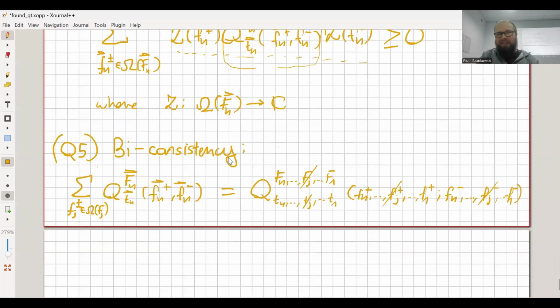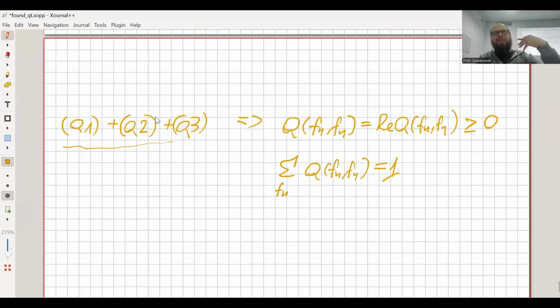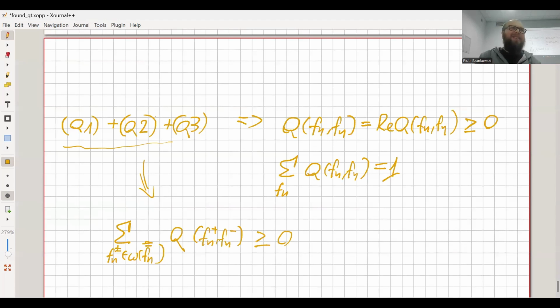And from positive semi-definiteness, it also implies the decomposition. If you take a bunch of resolutions and you take this, all those also give you that this is non-negative and normalized, and if you sum over fn bars on top of that, it gives you 1.